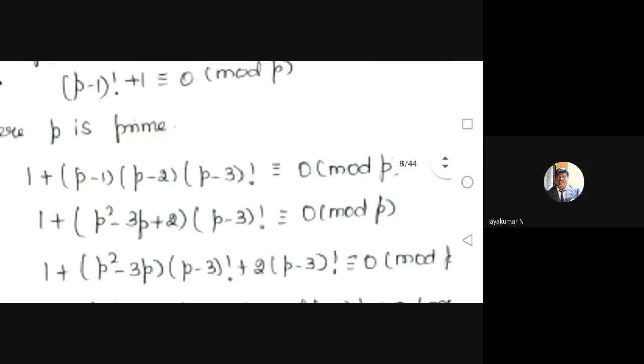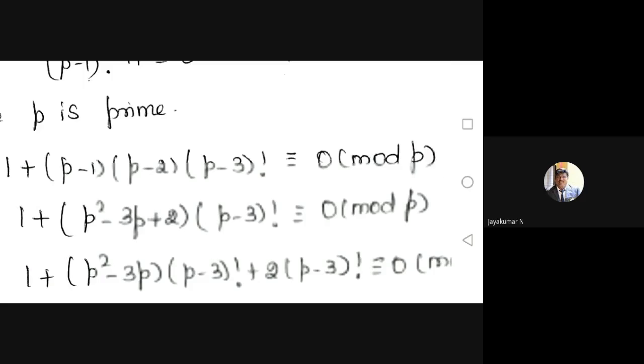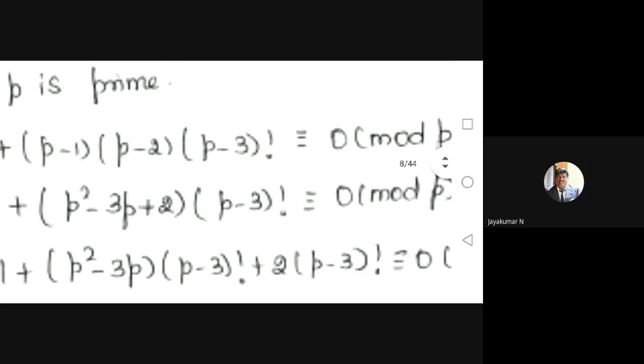In the quadratic expression, the first two terms, p square minus 3p, will be multiplied with (p minus 3) factorial. Then the last one, the integer, plus 2 into (p minus 3) factorial, is congruent to 0 mod p.